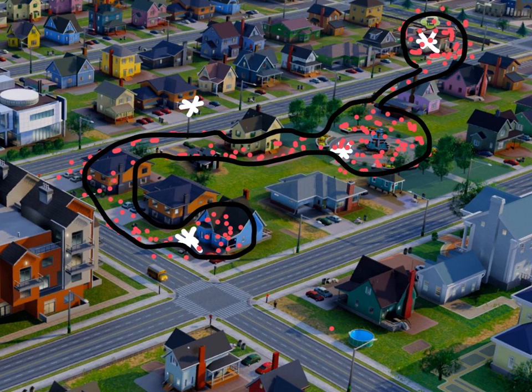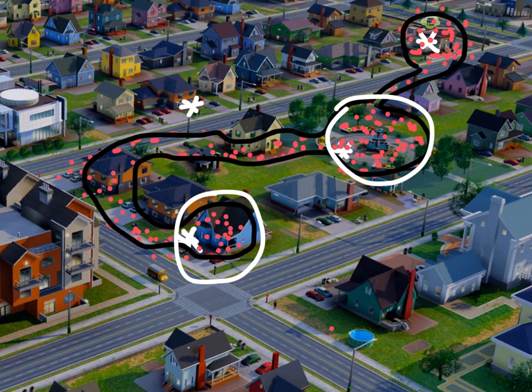Now, I want you to think about this. What made this shape this way? Well, there were two things. There are places my husband is attracted to. So he's attracted to the house where he works. He's attracted to the park where the dog likes to play. And he's attracted to the burger joint. And there are places he's repelled by.